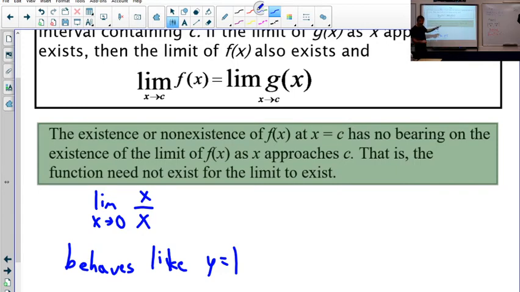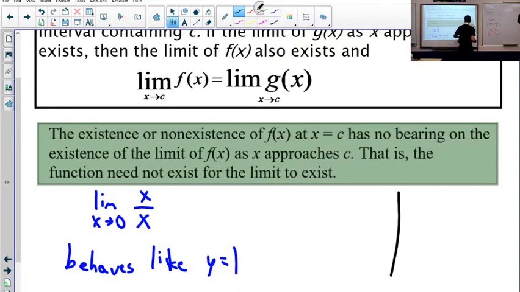Because everywhere except 0, pick any number you like. If I pick negative 20 and I plug that in, I get negative 20 over negative 20, which is 1. If I plug in pi, I get pi over pi, and that's 1. So any number I want, I can plug in and get 1, except 0.